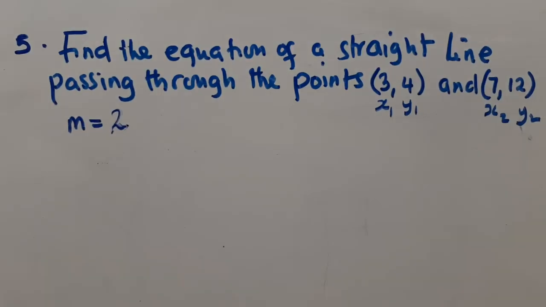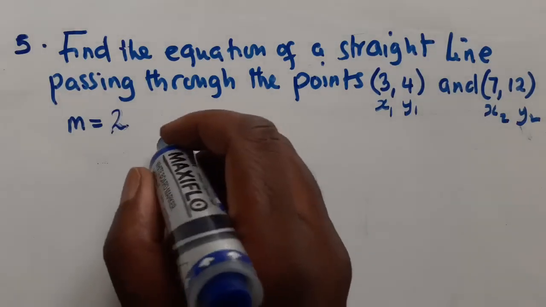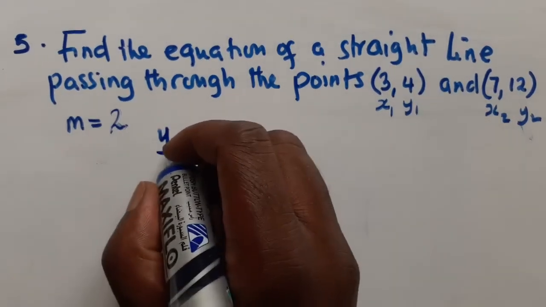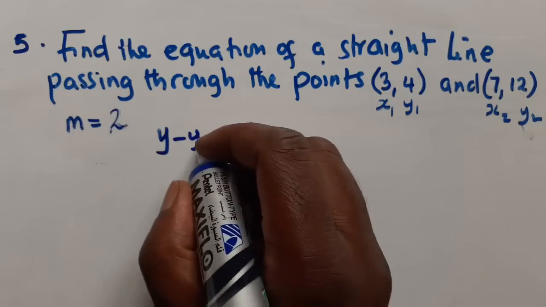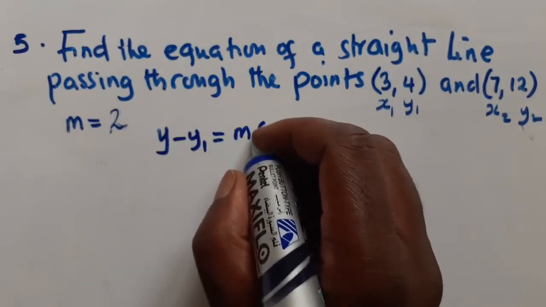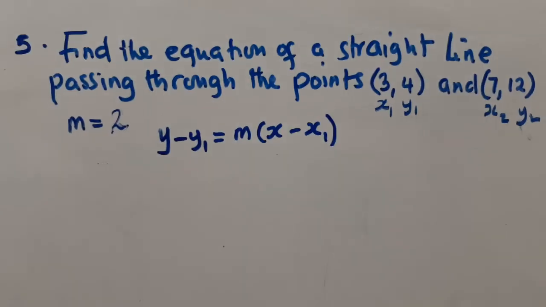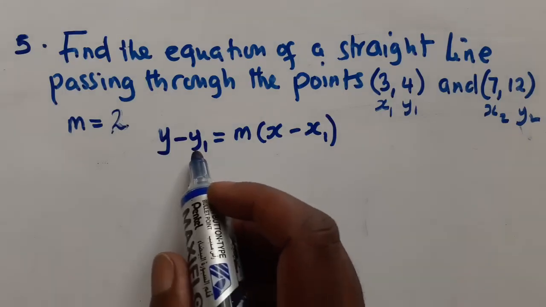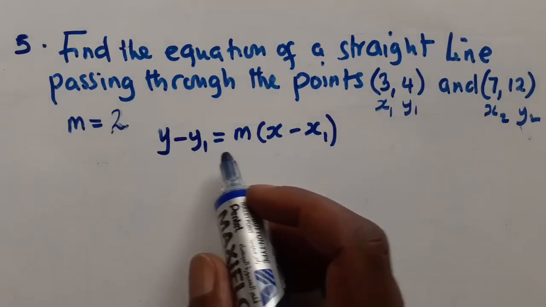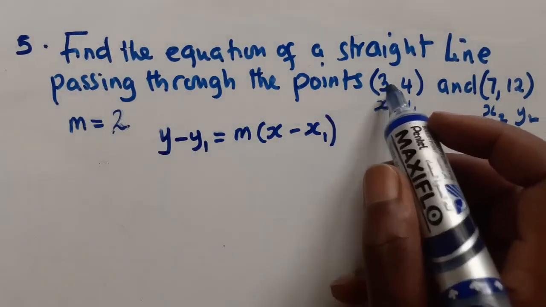All right. Now, having done this, we need to go ahead now and use the formula. The formula is y minus y1 is equals to m(x minus x1). This is the formula that I use to write the equation of a straight line. Okay. So what is going to be our x1? Our x1 is going to be 3.